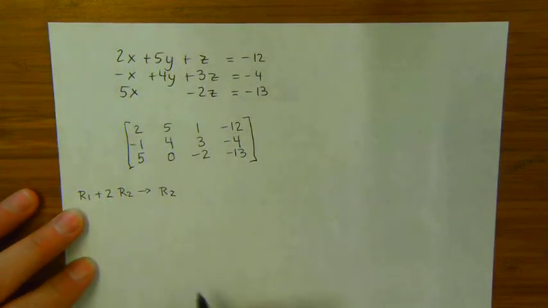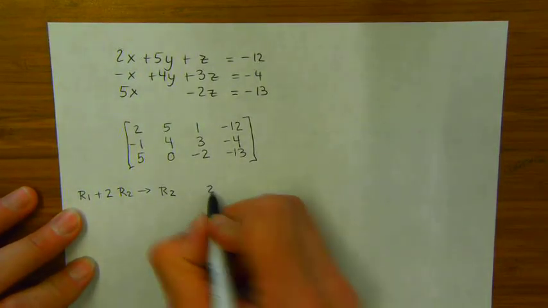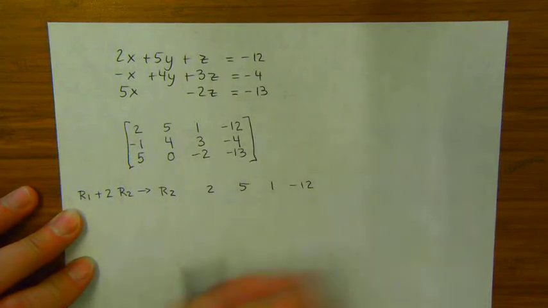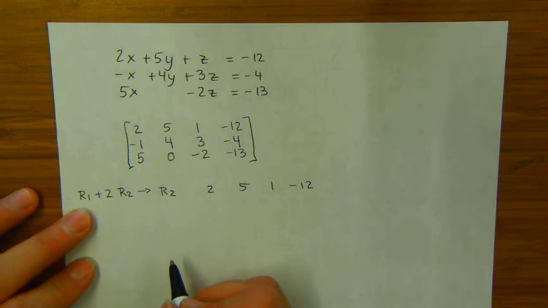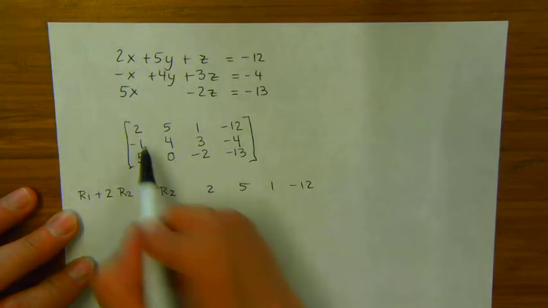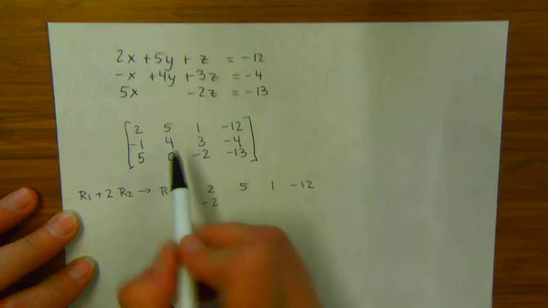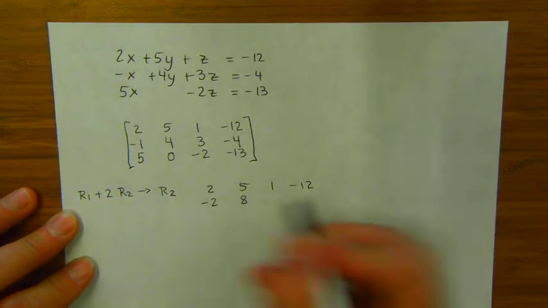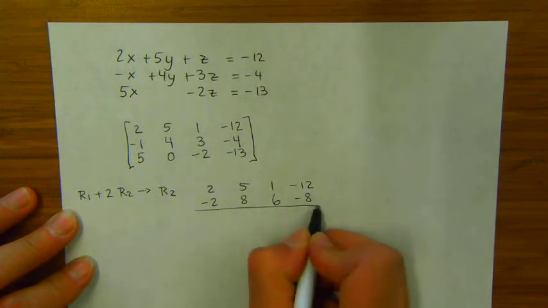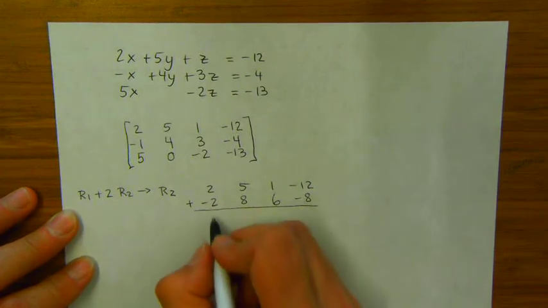So let's take row 1, which is 2, 5, 1, and negative 12. We're going to add to it 2 times row 2. So row 2 times 2: the negative 1 becomes a negative 2, the 4 becomes an 8, the 3 becomes a 6, and the negative 4 becomes a negative 8. Now I add my 2 rows, and I get a 0 over here.